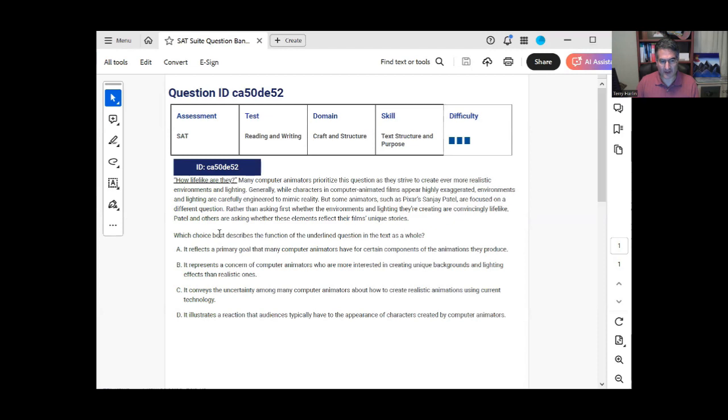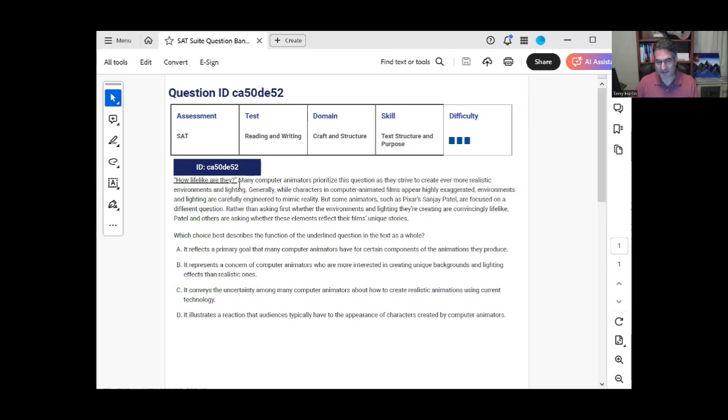How lifelike are they? Which choice best describes the function of the underlined question in the text as a whole? Okay, so what usually happens with these harder questions is that you do have to read more. You do have to figure out what's going on here. How lifelike are they? Okay, let's keep going. Many computer animators prioritize this question as they strive to create even more realistic environments and lighting.